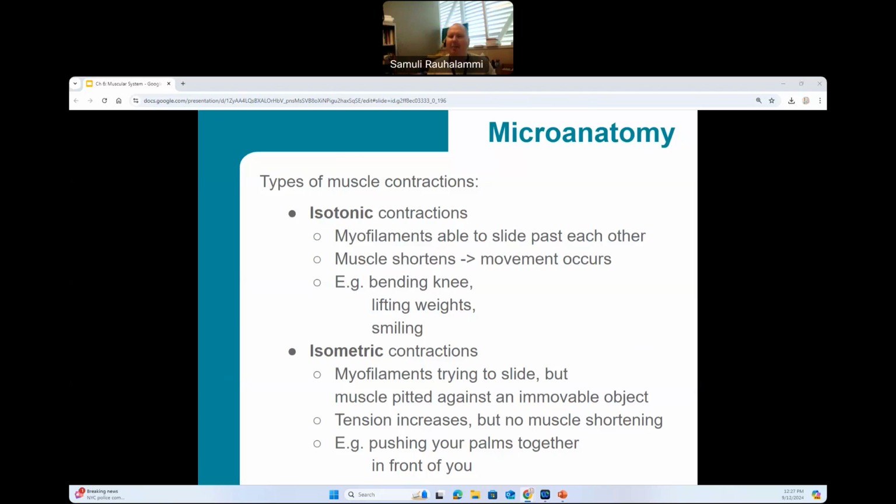A good example of this would be if we take our palms and push them against each other in front of us. My muscles are very much working when I put more force into this, even though we're not seeing a change in the length of the muscles. So that would be a good example of isometric contraction in comparison to those isotonic contractions, where we saw the muscle shortening and the movement was very obvious.